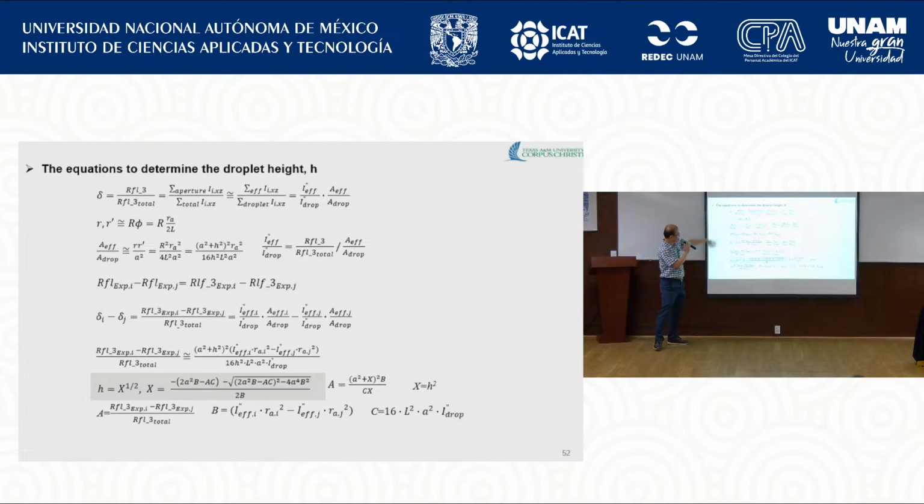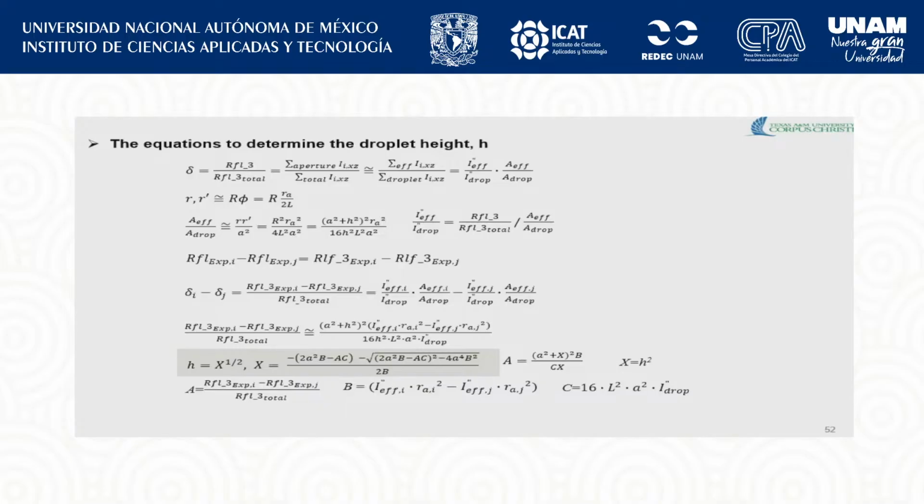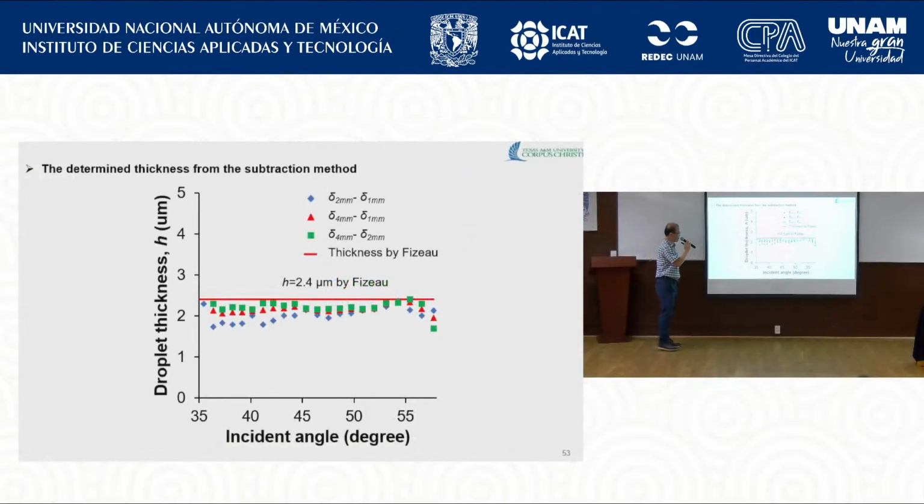Now this slide shows the relations for how to determine the droplet height from this ATIR measurement. And now this one shows a result, the droplet thickness measurement. It shows 2.4 micron thickness, right? The red one is the thickness estimation by phase interferometry, and the symbols are the experimental result.